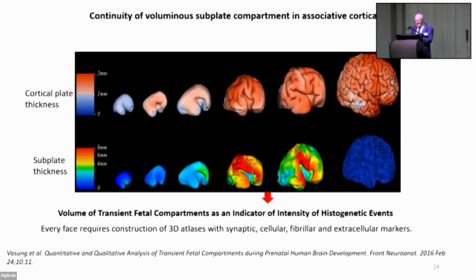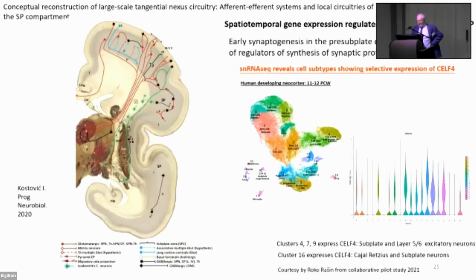You see that this red area around the Sylvian fissure actually shows that the subplate is thickest in associative areas. That means after finishing with thalamocortical circuitry, the subplate is involved in cortical circuitry. And that was measured by methodology from McGill, and I'm happy that we did it.